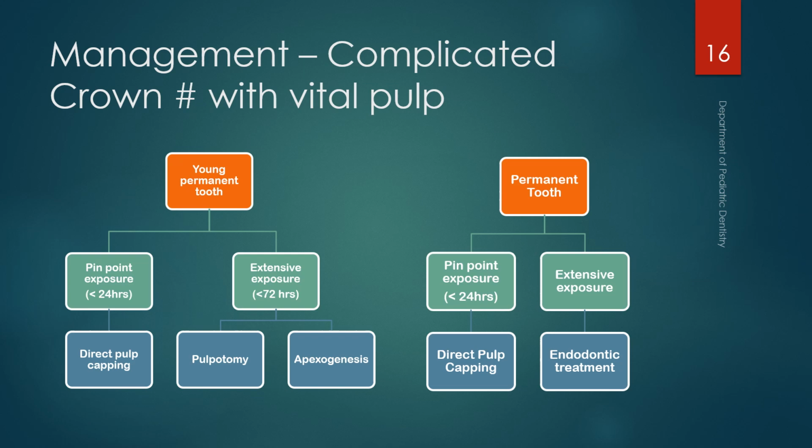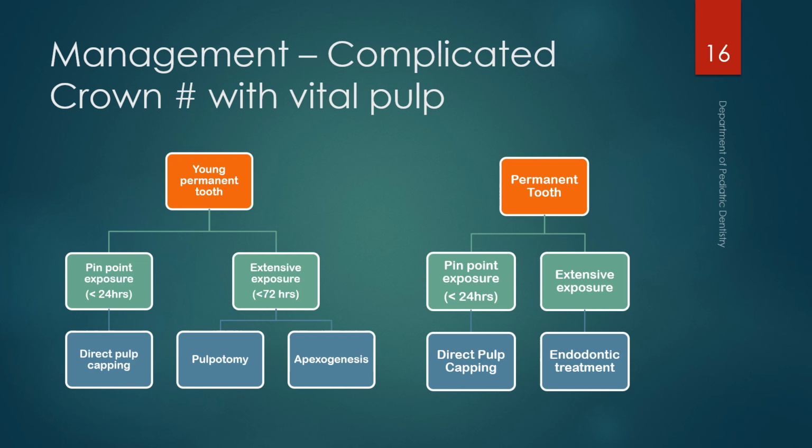Or if the exposure is really extensive, you can go in for apexogenesis, which is part of cervical pulpotomy, or you can go for apexification. In the permanent tooth, you can do direct pulp capping, and you can do root canal treatment depending on the exposure and the exposure time.